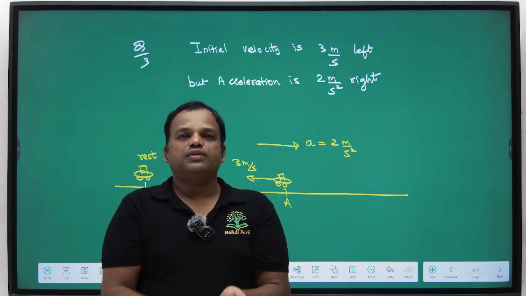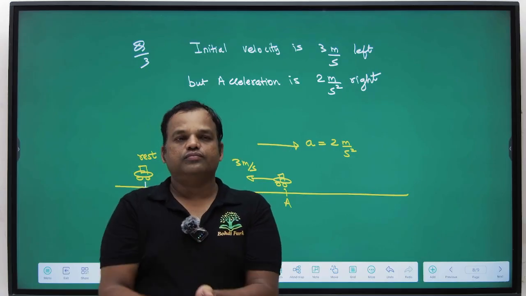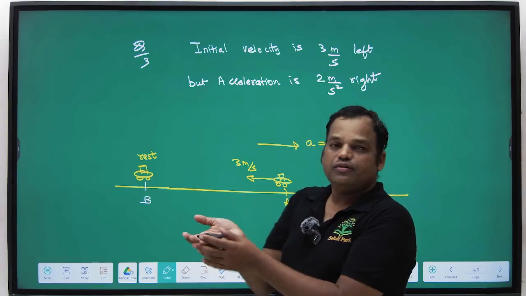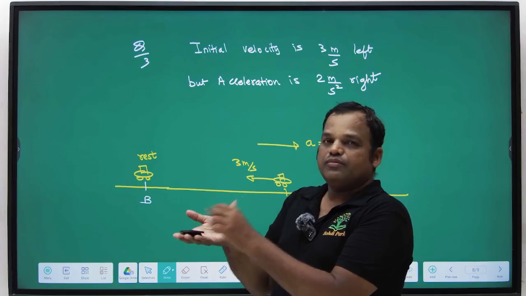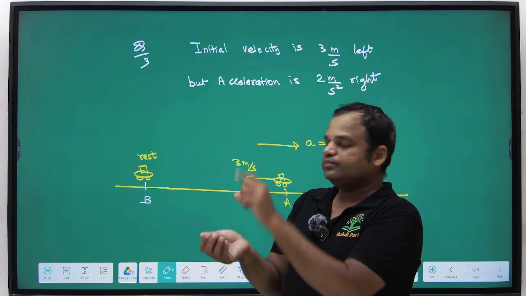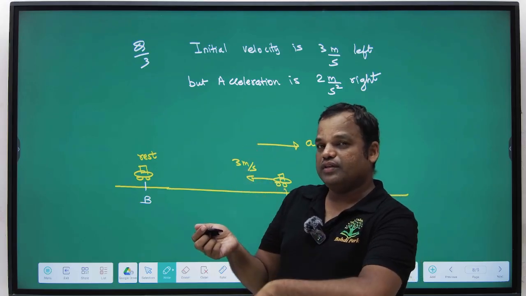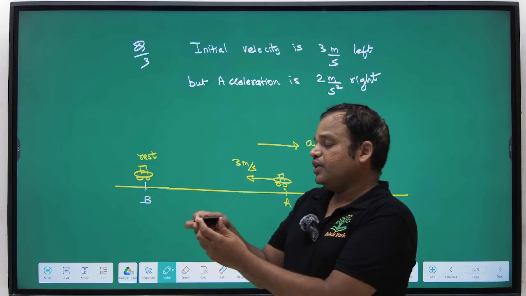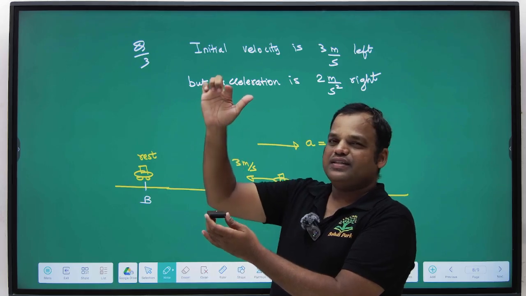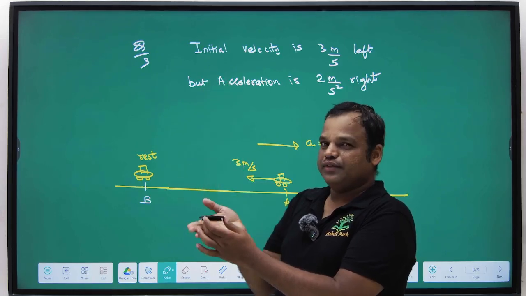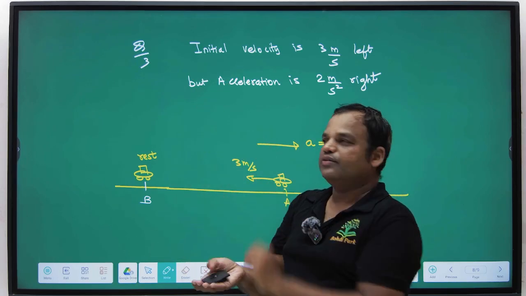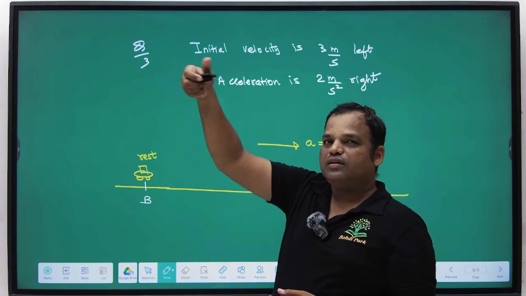If you throw this object vertically upward like this, the initial velocity is upward, but the acceleration is downward. That is acceleration due to gravity. So if you observe carefully, the velocity is decreasing. At the topmost point, velocity becomes 0.